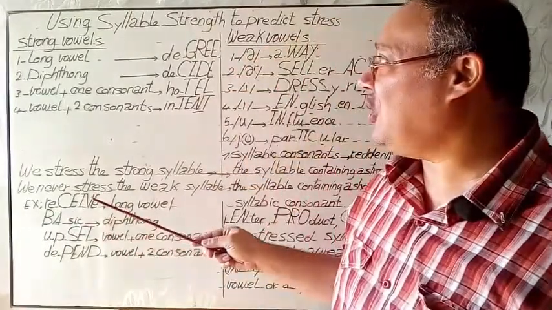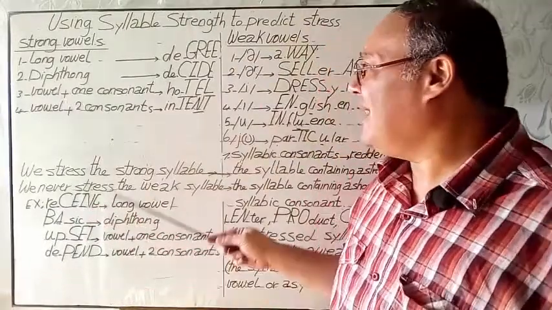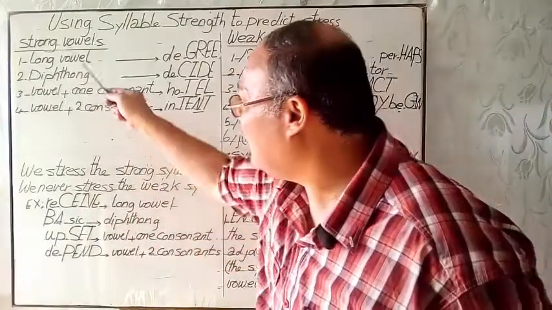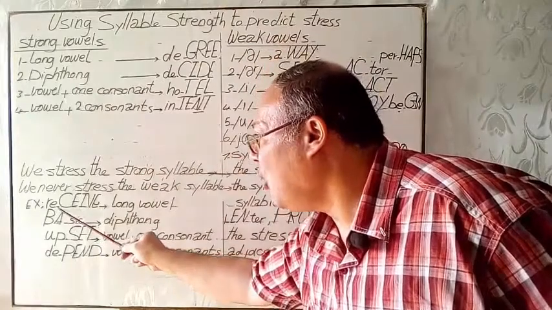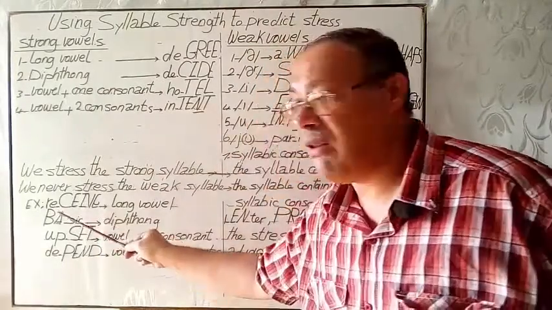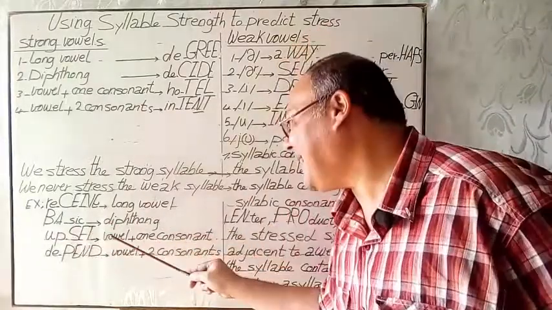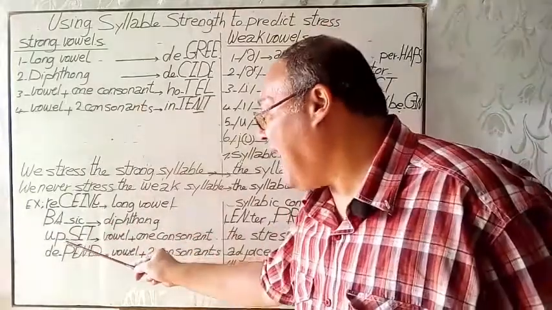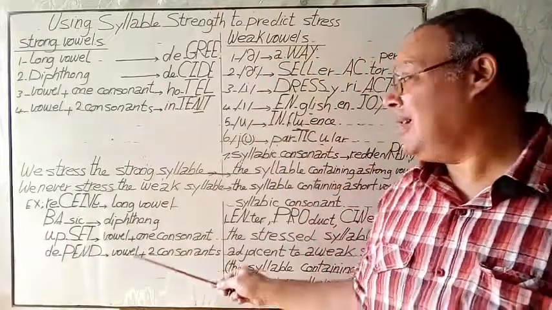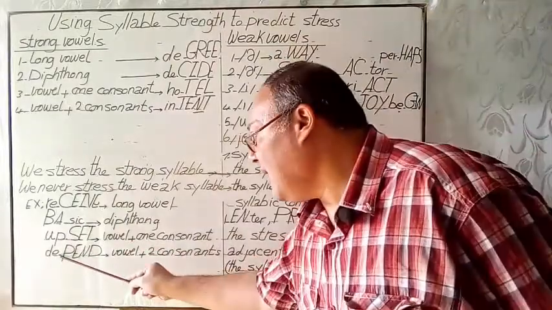here we are going to demonstrate some examples in terms of strong vowels. Receive, long vowel. Basic, diphthong. Upset, vowel plus 1 consonant.